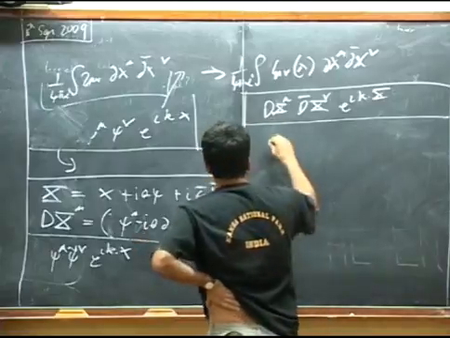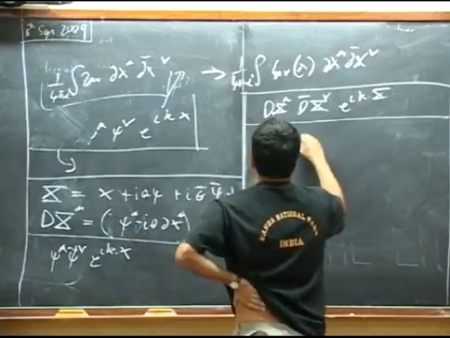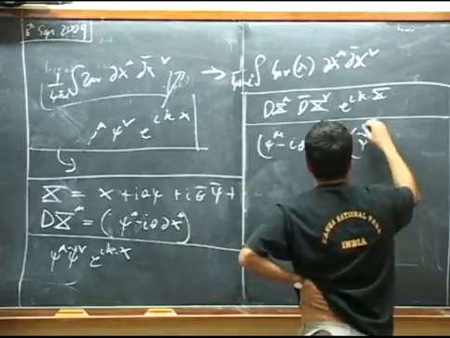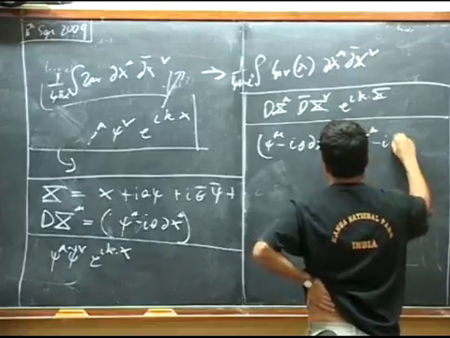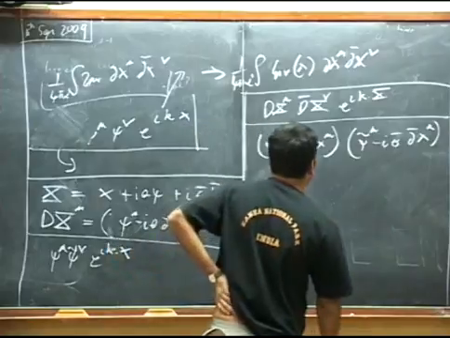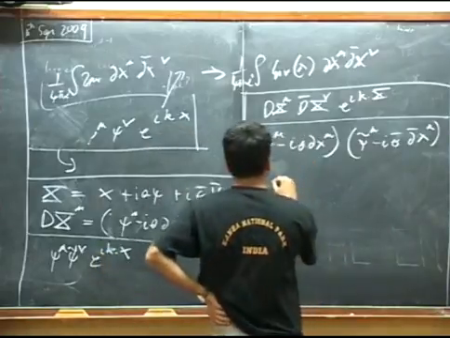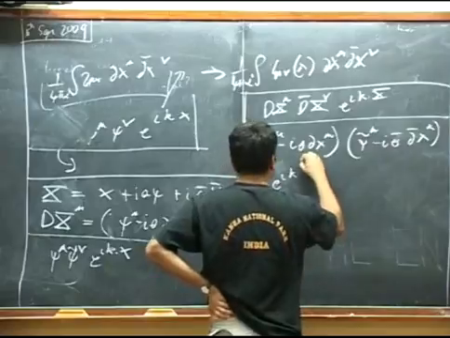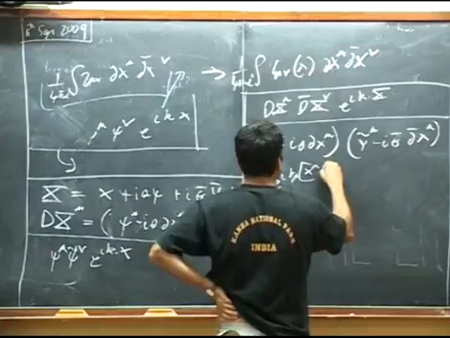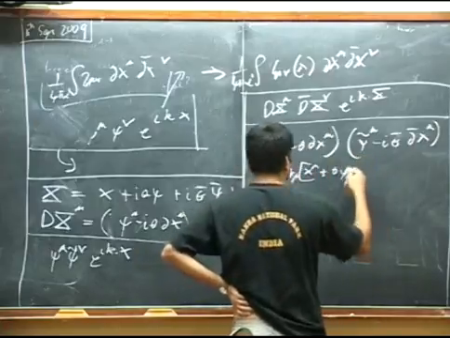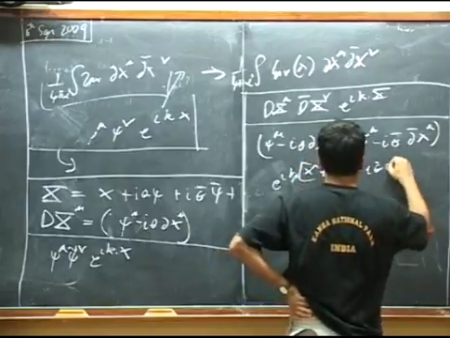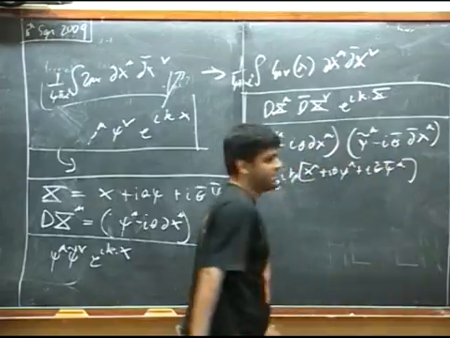Okay, so this is psi mu minus I theta del x mu. This is psi tilde mu minus I theta bar del bar x mu. And this object is the whole thing. It's e to the power I k into x mu plus theta psi mu plus I times theta bar psi bar.